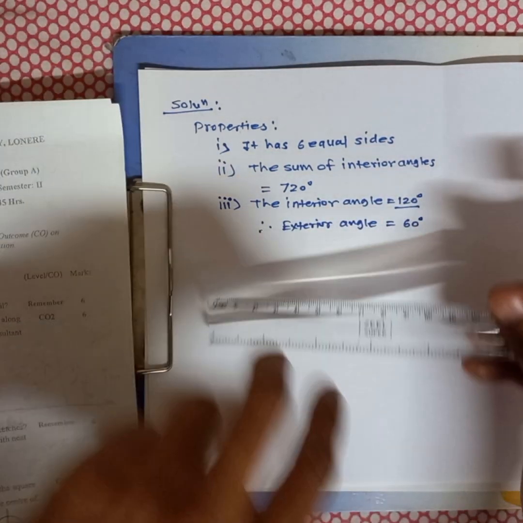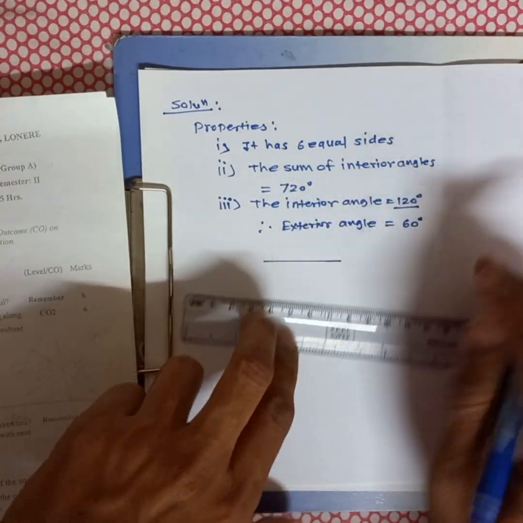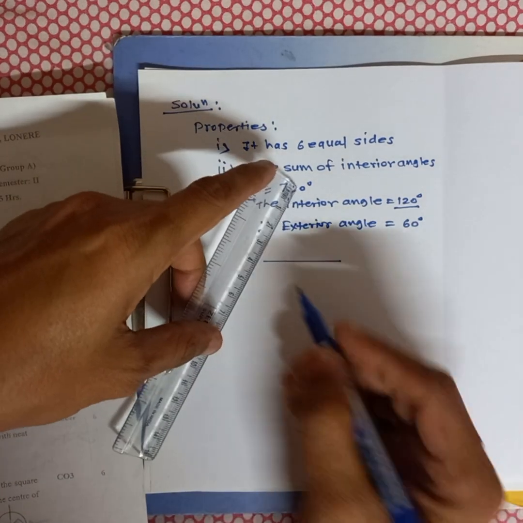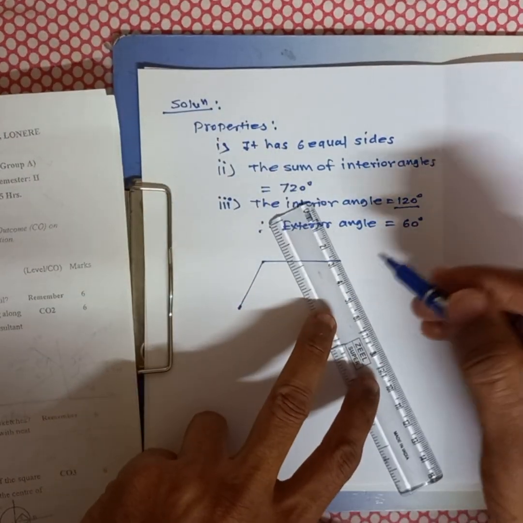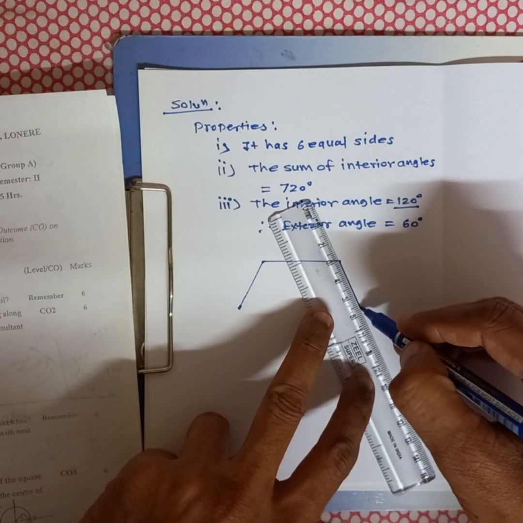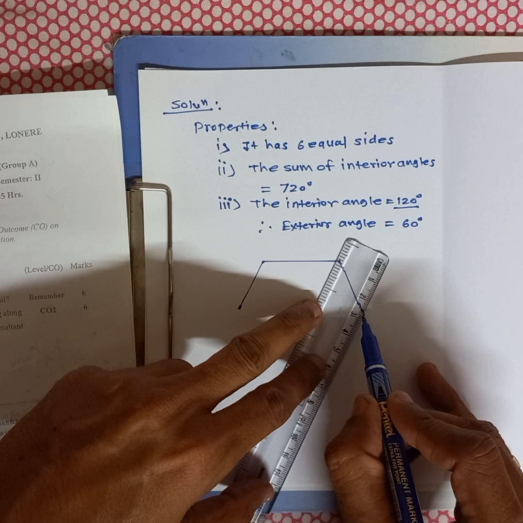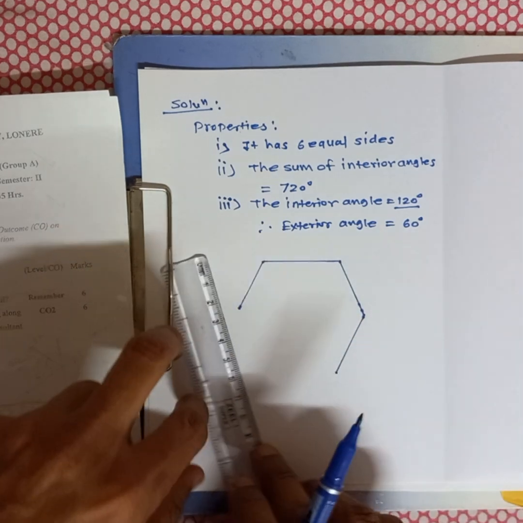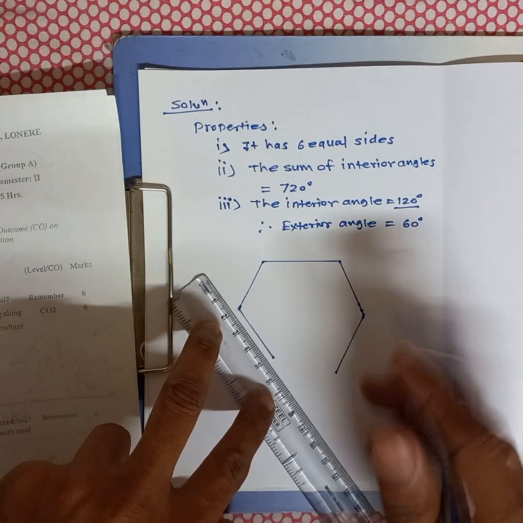It means if you draw a hexagon here, just to understand, because this is very important, you must know the properties first, then you can solve a problem.